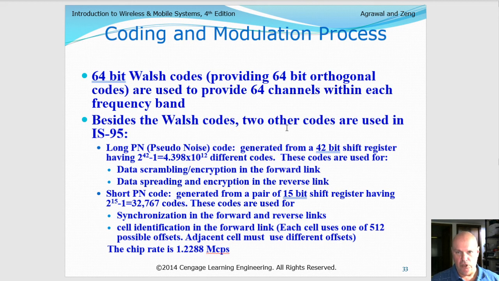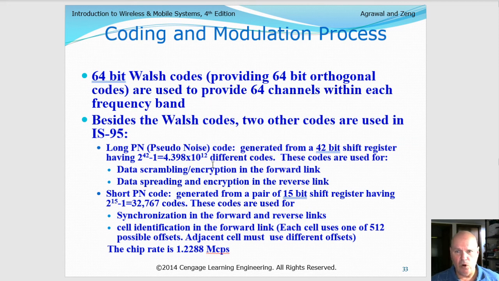There's actually more security involved in that. In addition to the 64-bit Walsh codes, which provide the spreading of the spectrum, there were long pseudo noise codes and short pseudo noise codes that were also mixed with the data. And these were developed also using information on the phone, so that there's security involved.